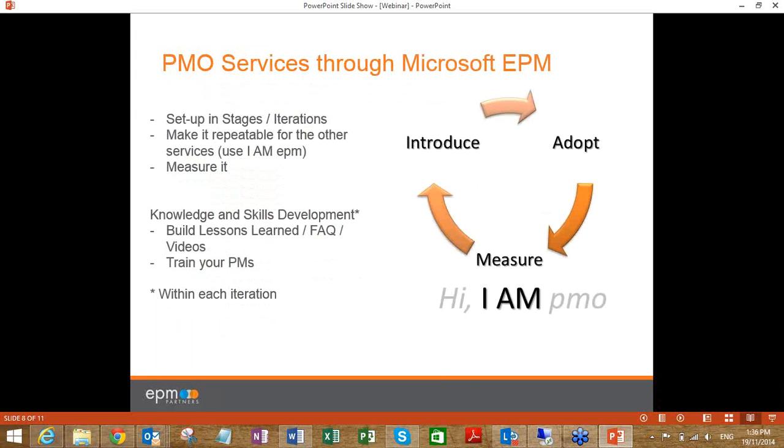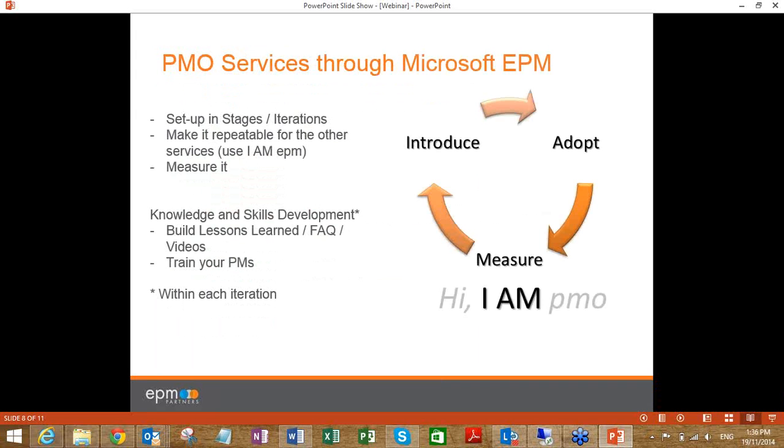Now, as you can see on my slide, we try to make it a bit friendly when we go to the users, and we call it hello or hi, I am PMO. So if you implement a PPM tool, maybe that should be the slogan of your campaign.